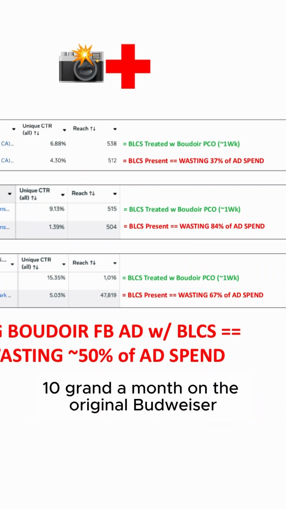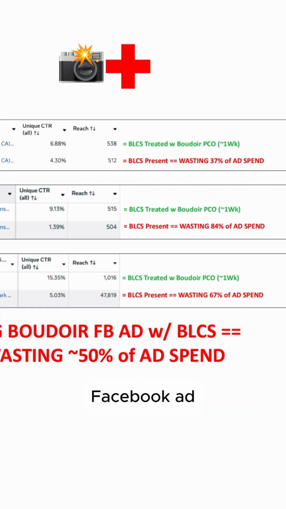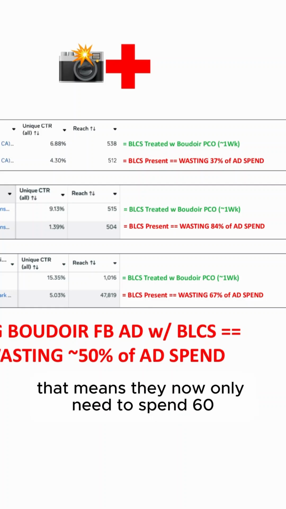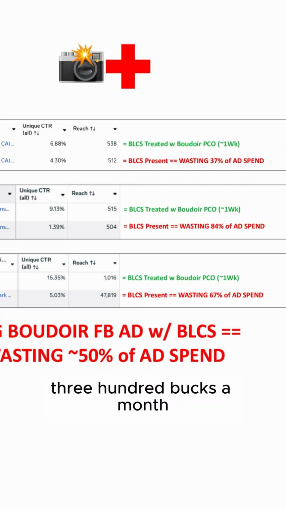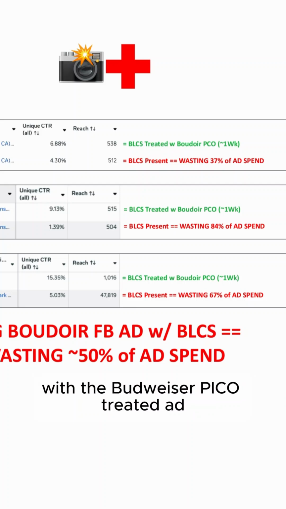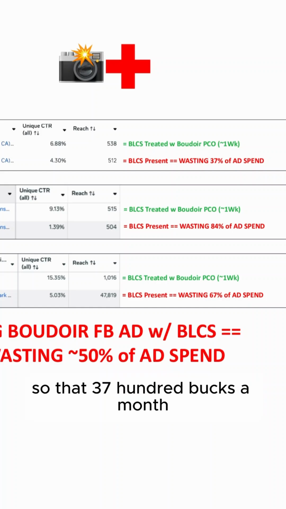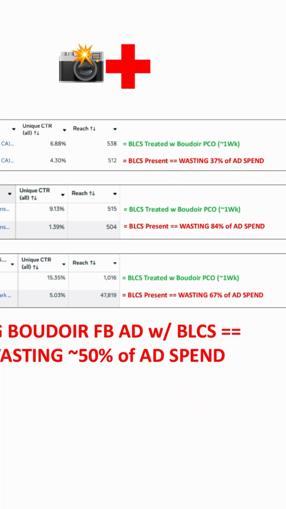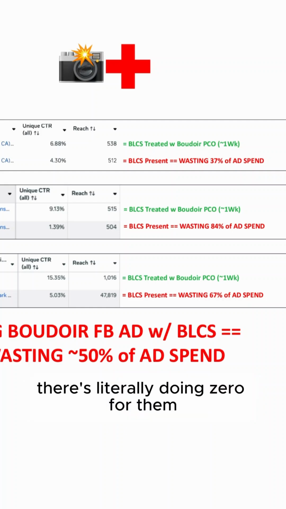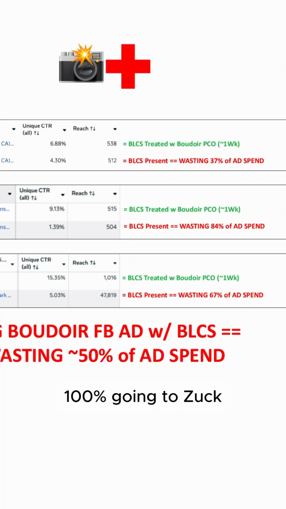That means if they're spending 10 grand a month on the original Boudoir Facebook ad, they now only need to spend 6,300 bucks a month with the Boudoir Pico treated ad to get their ad into the same number of women's brains. So the 3,700 bucks a month is literally doing zero for them. 100% going to Zuck.